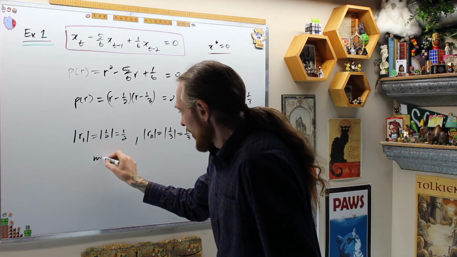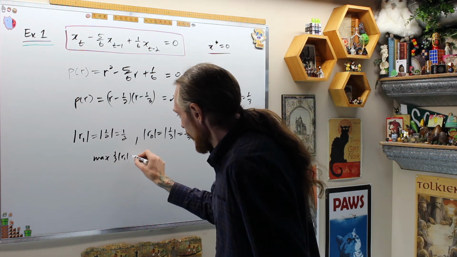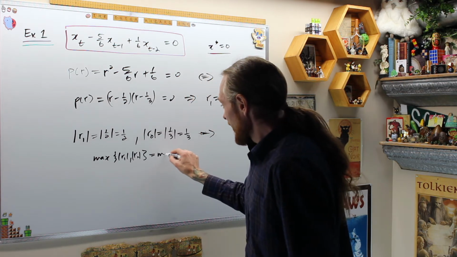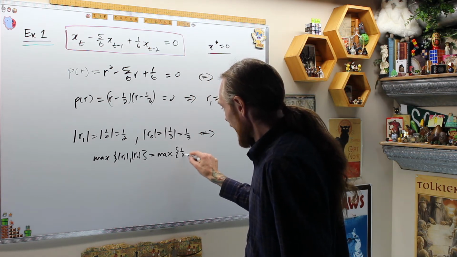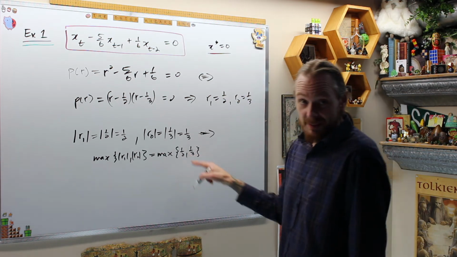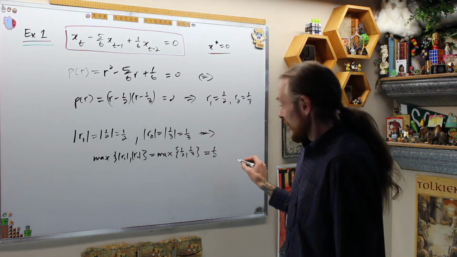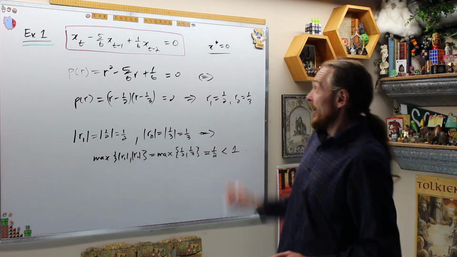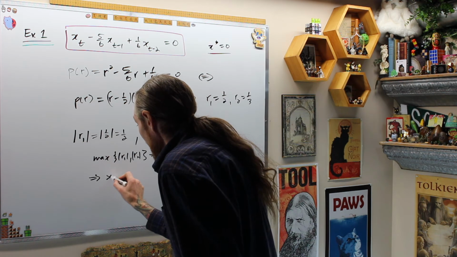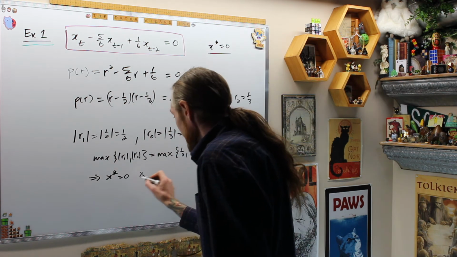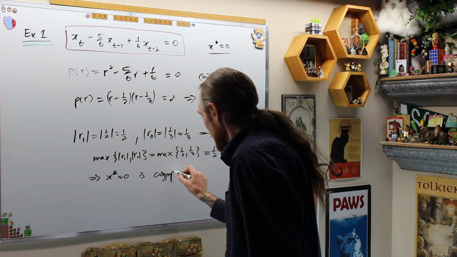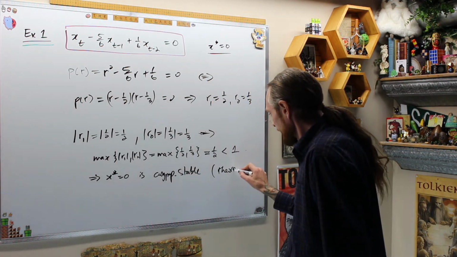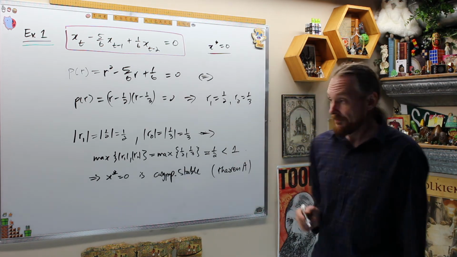which implies that the maximum of the modulus of R1 and R2 in absolute value is equal to the maximum, now you can see, of 1/2 and 1/3. 1/2 is the biggest number, so we pick 1/2, which says that 1/2 is less than 1, so we get asymptotic stability of 0. So that says x star equals 0 is asymptotically stable by Theorem A, part 1.